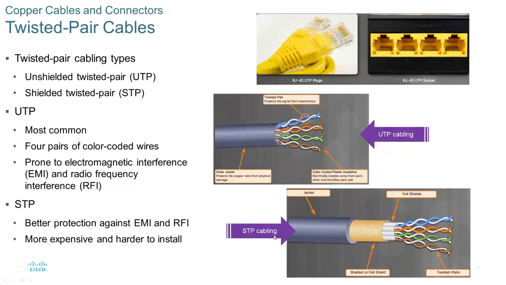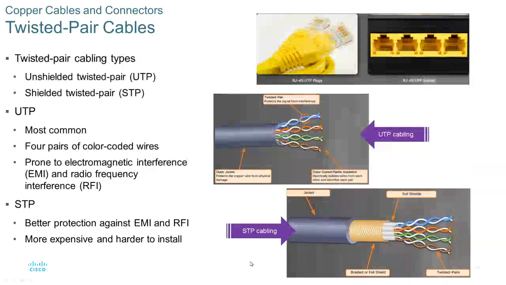With shielded cabling, you will have each pair wrapped in a shield, which is some form of foil, and then that is wrapped around with some braiding or foil shielding again, and then covered in the jacket.